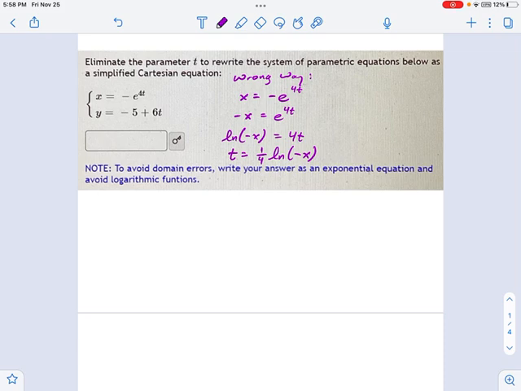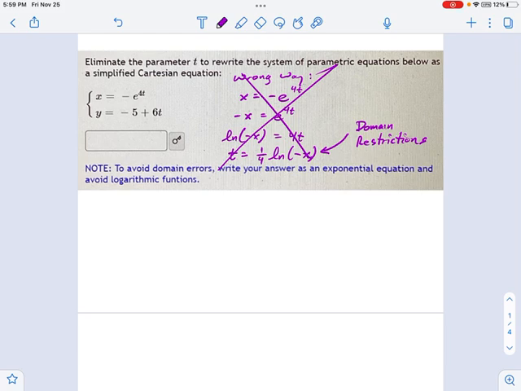The problem is this is going to have domain restrictions. So that caution about don't have negatives inside the logarithm, that's actually a pretty good thing to keep in mind. If you isolate t this way, you're going to get restrictions that were not intended to be there. So we're not going to do it this way.